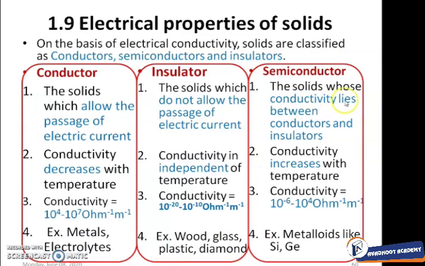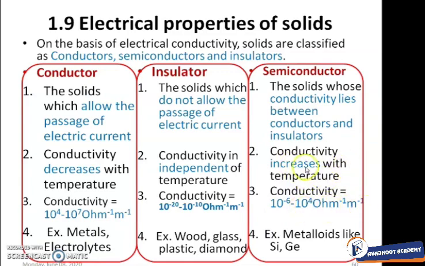And the third type of solid is semiconductors. The solids whose conductivity lies between conductors and insulators are called semiconductors. The conductivity of a semiconductor ranges from 10 raised to minus 6 to 10 raised to 4 per ohm per meter.